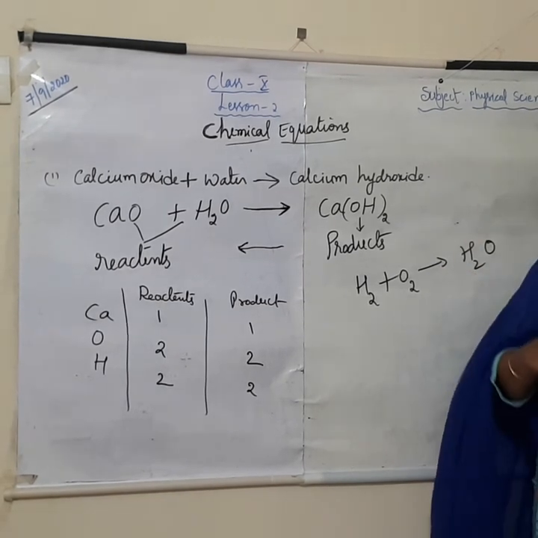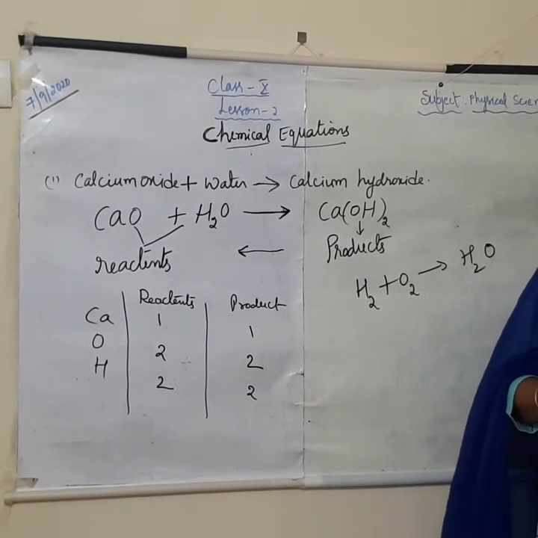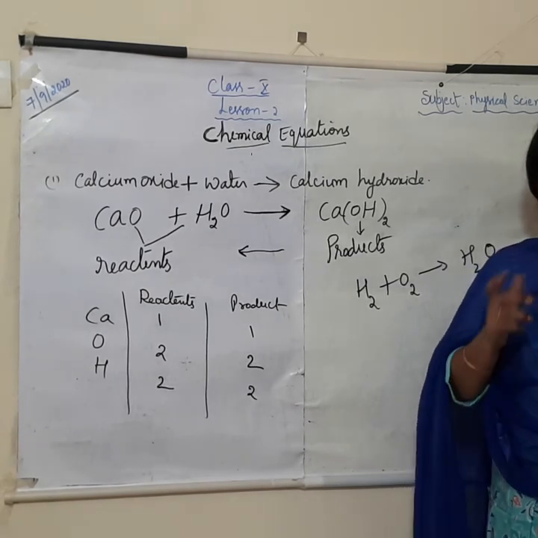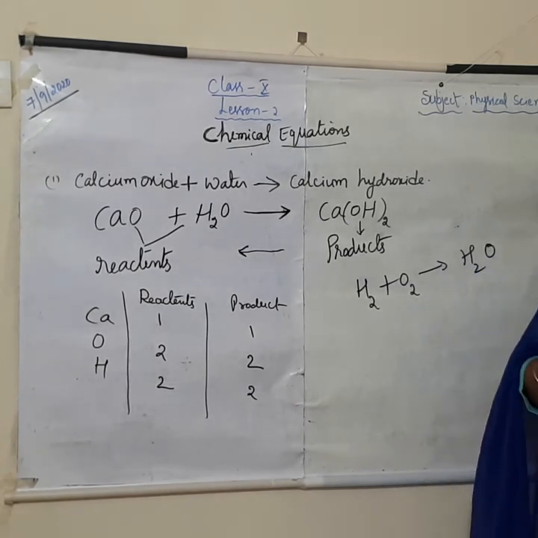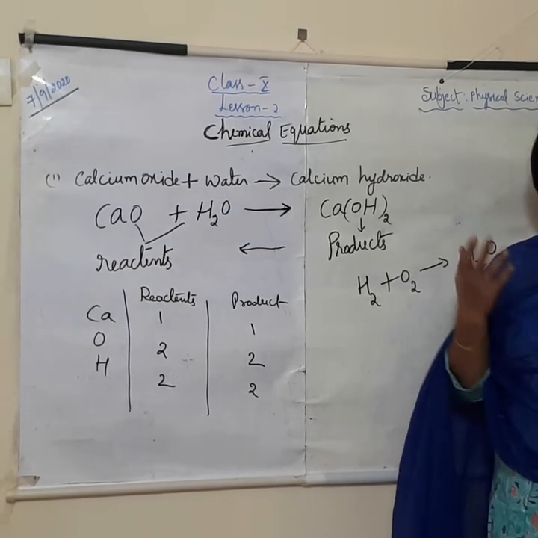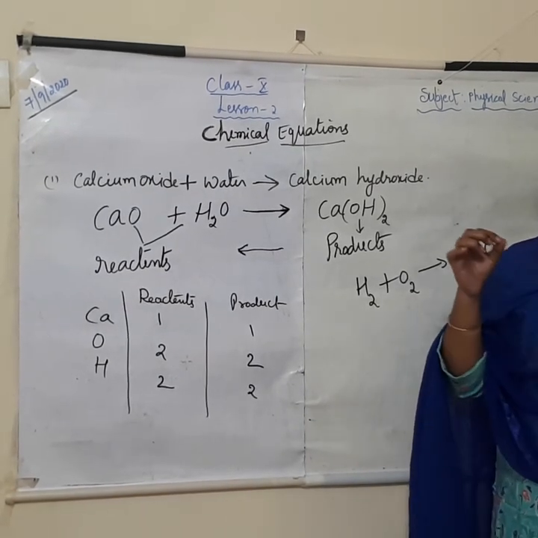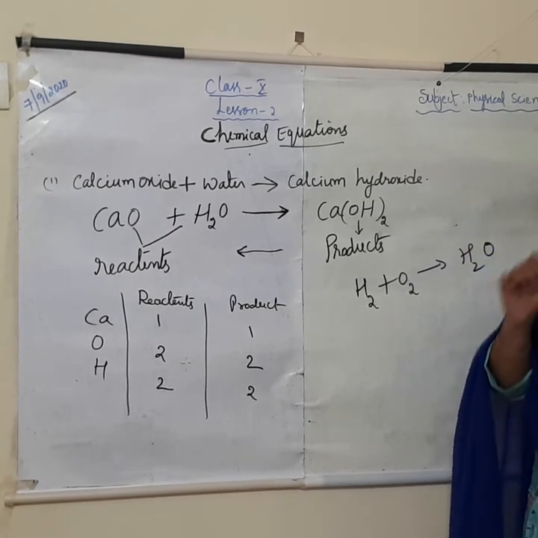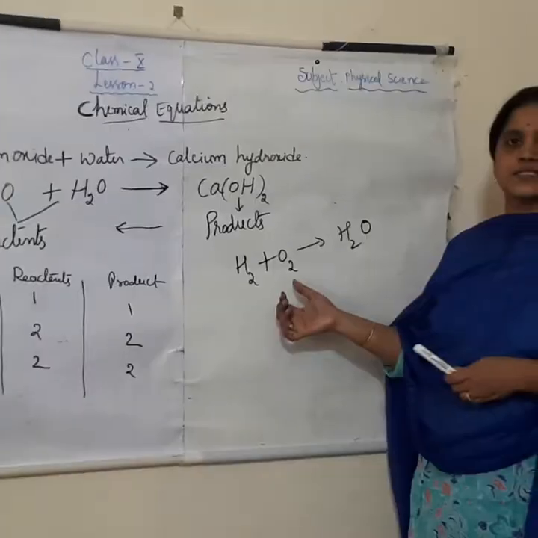And according to the law of conservation of mass, we have one more theory: matter and energy are neither created nor destroyed, but always change from one form to another. So that's why you must always balance.